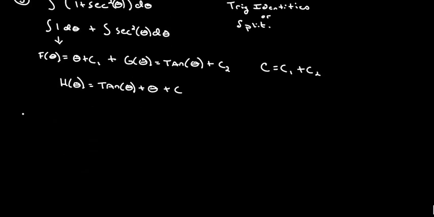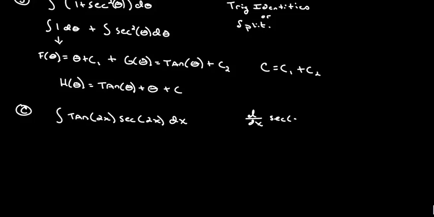Okay, let's work on c now. So c is the tangent of 2x times the secant of 2x dx. If you look back at your derivatives, the derivative of just secant x is equal to secant x times tangent x.